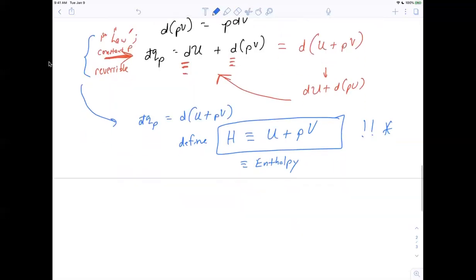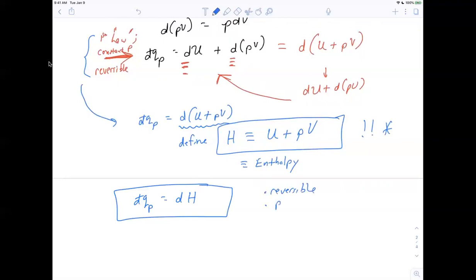And so this total differential, dQp, is equal to dH, just as we have here from this term. Remember, d of whatever's in the parentheses, which now we've defined as H. So what we have is dQ sub P is equal to dH. H is the enthalpy. This is a reversible process, constant P. And this arises, of course, from the first law, but I don't need to write that here. So that's all right.